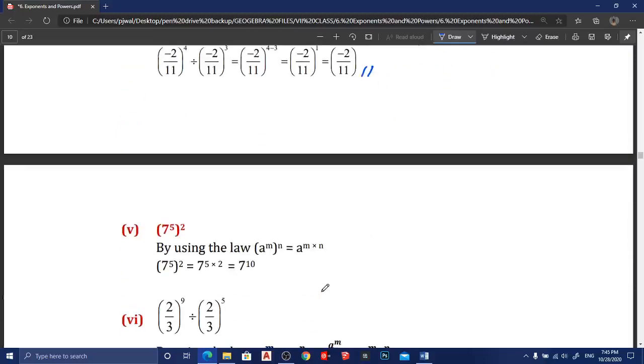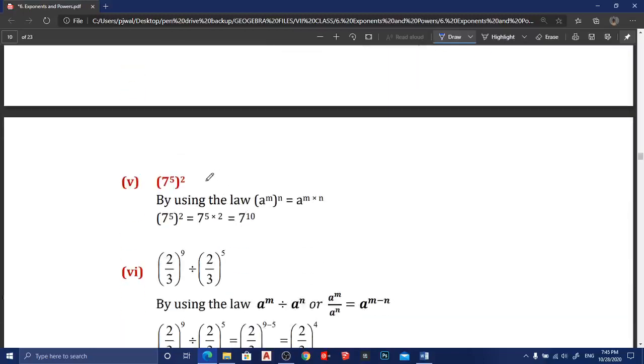So next one, here 7 to the power of 5 whole to the power of 2 means here you have to use the power of power formula. What is the power of power formula? A to the power of m whole to the power of n. If power of power is given, you have to multiply the powers. Just take the same base a, and multiply the powers, which is m into n.